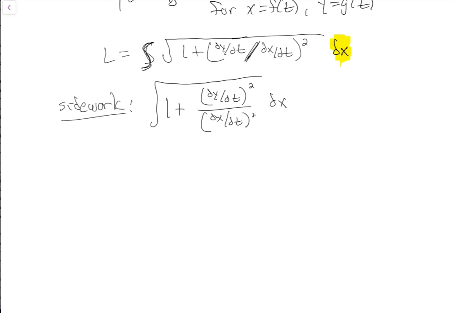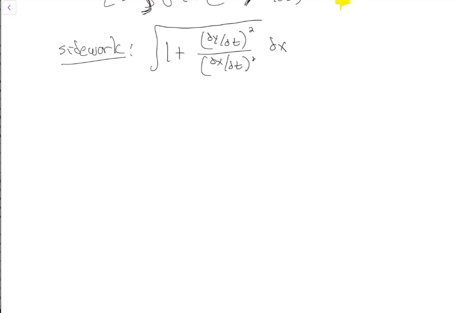Now, what I'm going to do is factor out the (dx/dt)^2 here. So I'm going to factor out 1 over (dx/dt)^2. So I'm basically factoring the dx/dt out of the denominator of that derivative.